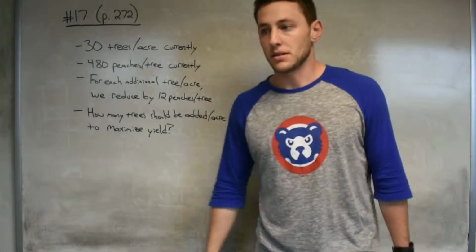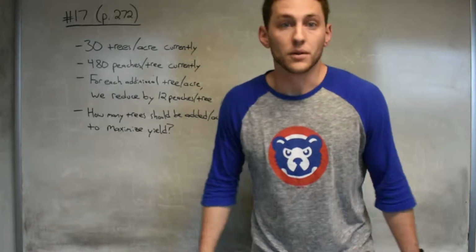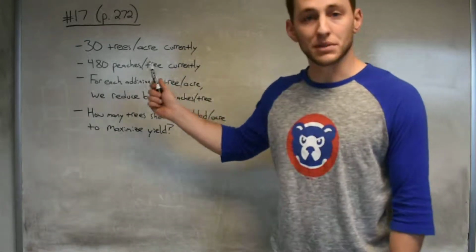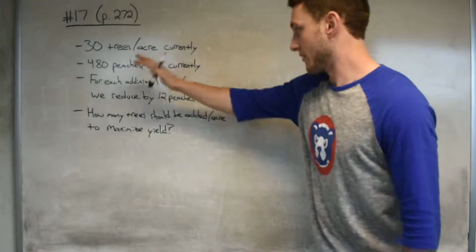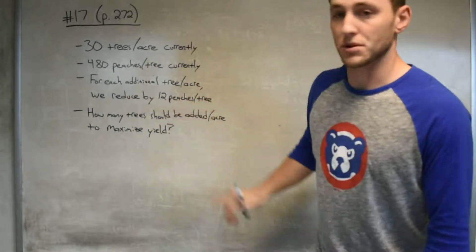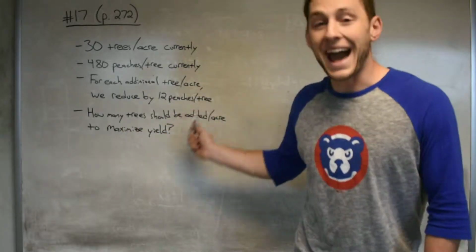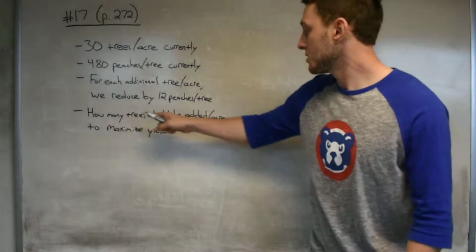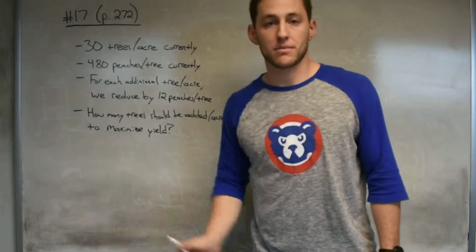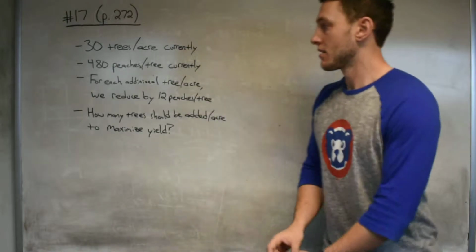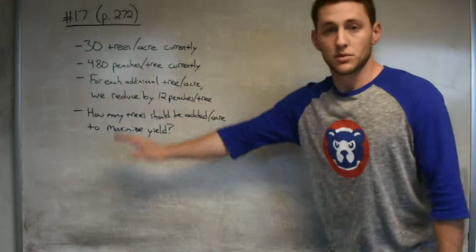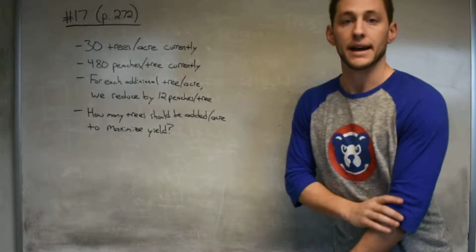The reason might be not enough room for roots, I don't know. But for each tree we plant per acre, every tree gets reduced by 12 peaches per tree. Now we're asking how many trees should be added, not total, how many trees should be added per acre to maximize the yield. So, first step, remember, read the problem, summarize it, we've already done that.